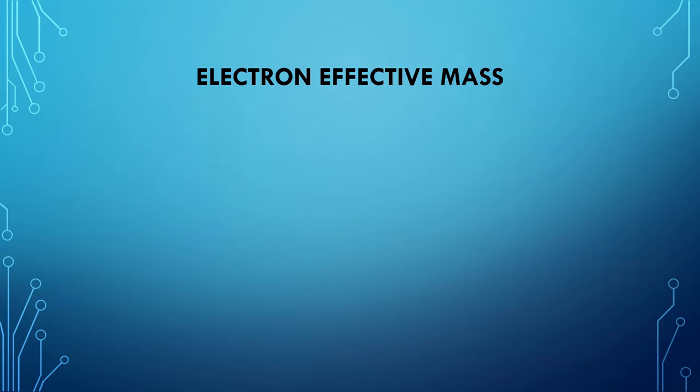Today I will discuss one most important topic of semiconductor device, that is electron effective mass. When an electron moves through a lattice structure, it faces many obstructions, but when it moves through free space, it must be a very smooth movement, because in the lattice structure a group of arranged atoms may obstruct the electron movement, right?